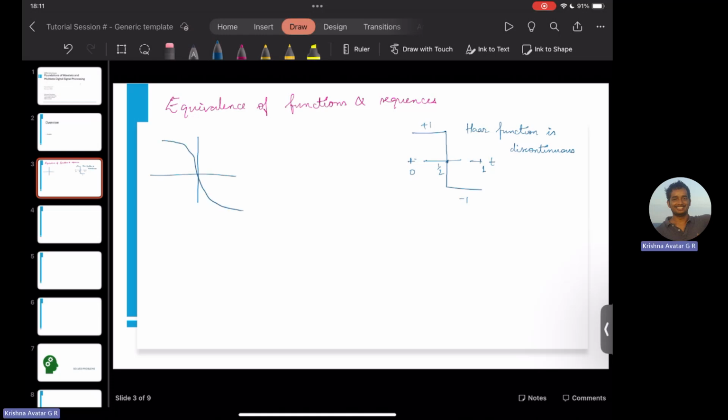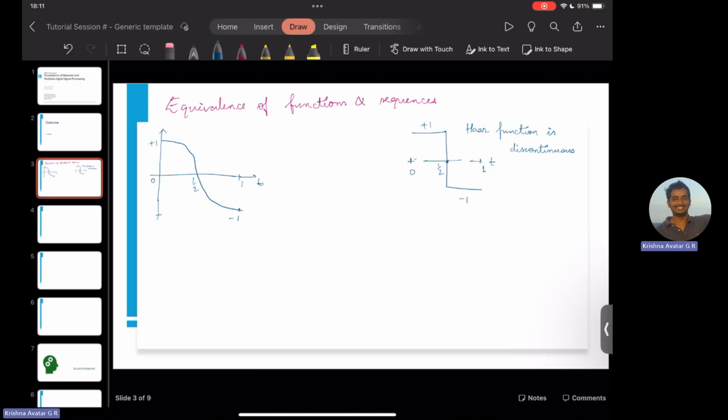This function is a continuous function, and let's center it at half. So this is 0, 1. This is the t-axis. It has a value of +1 at 0, and at t equal to 1, it has a value of -1.